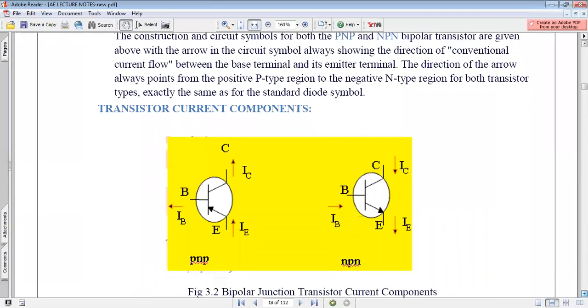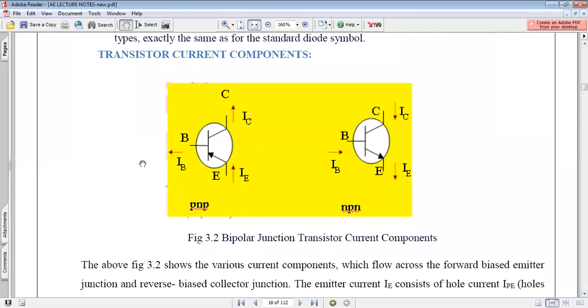So in the ideal way, we use these two symbols. The transistor is a three-terminal device: base, emitter, collector. And for PNP and NPN, they have their specific directions of currents.